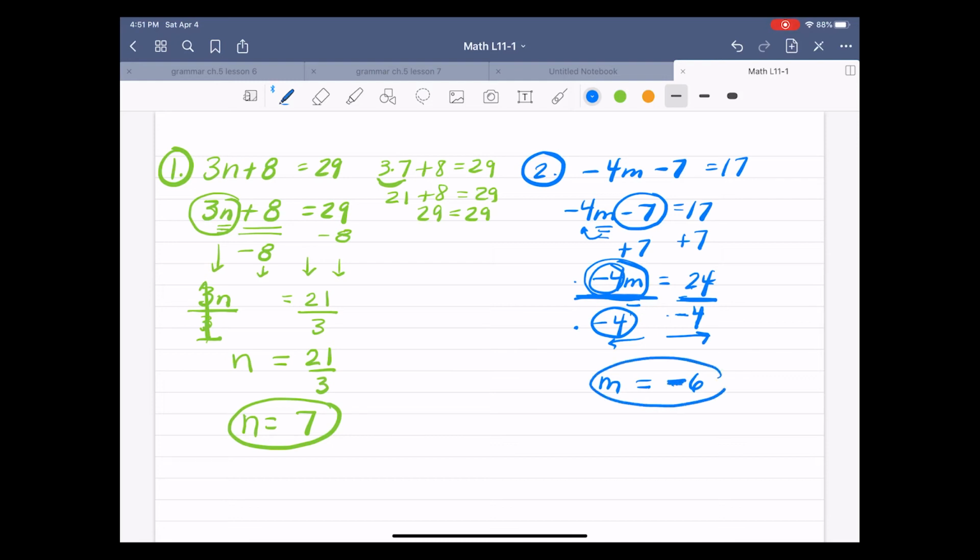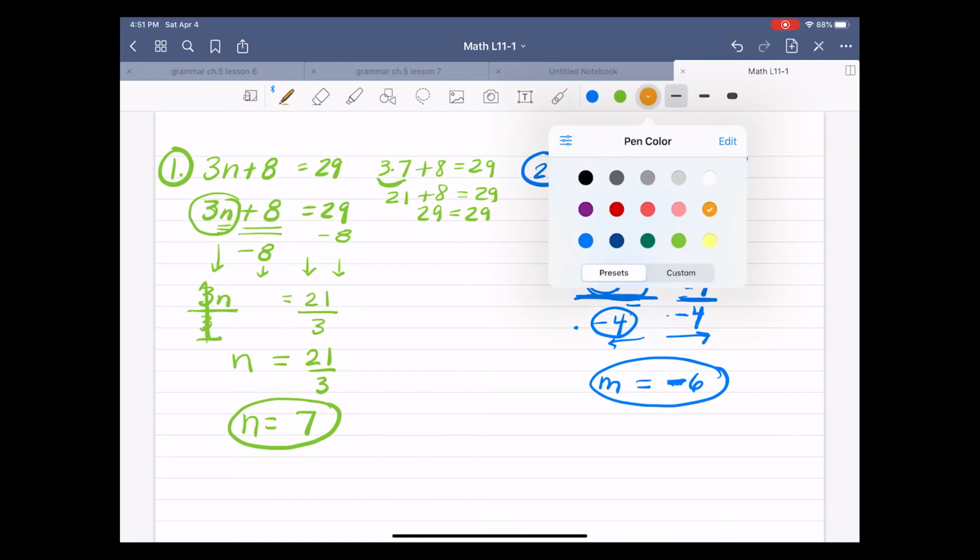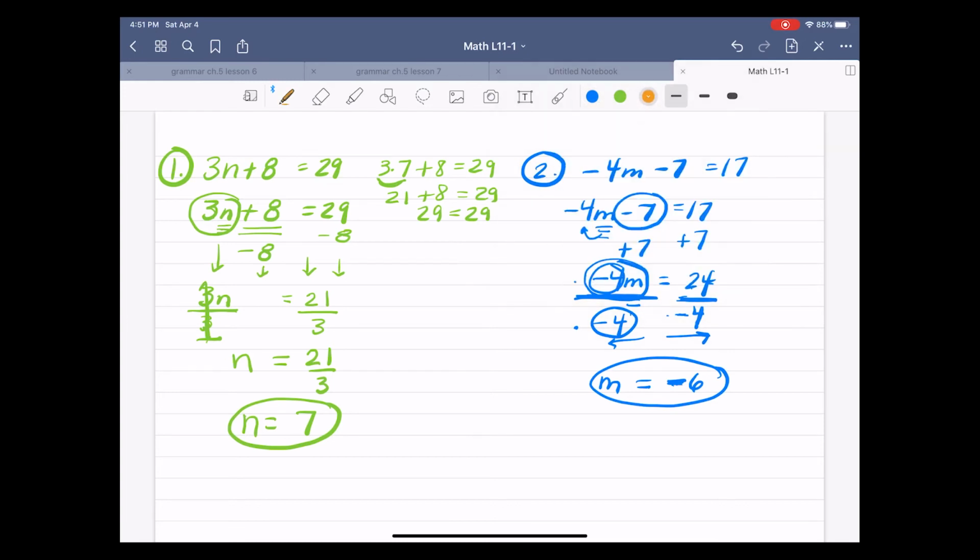M equals negative 6. Now, if you want to go back up and see if it works, you can say negative 4 times a negative 6, because I'm plugging negative 6 in for that m, minus 7 equals 17. Notice I'm just taking the m and plugging it in for negative 6. Negative 4 times negative 6 minus 7 equals 17.